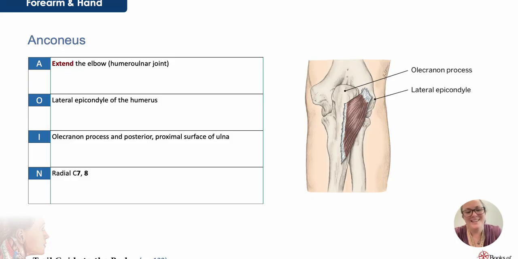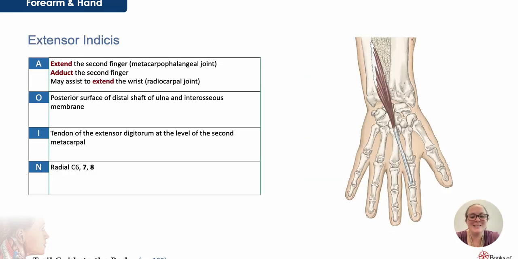All right. Last but not least, I don't know why this is here, because I guess it's still an extensor. When you see the word indicis, we're talking about your pointer finger. Pollicis is thumb, indicis is pointer. You can see your tendons move when you move your fingers and wrists. It's real cool. You can even wiggle them around.